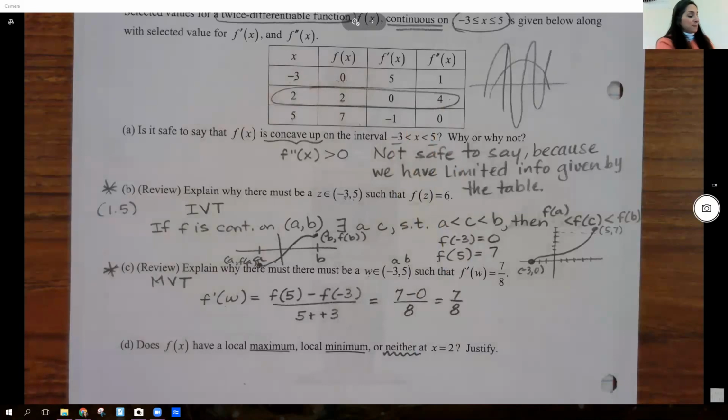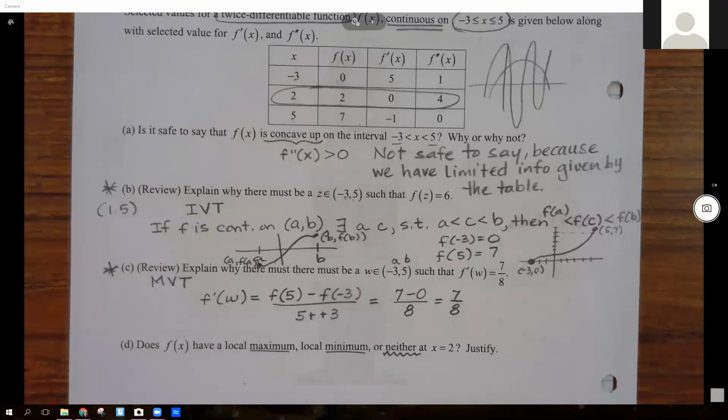What do you think? Somebody be brave. I think it's impossible to determine. Why? Because on this entire function, they only give us 3 points, and there could be so many more that are higher or lower. Yeah, true. Anything else anybody wants to add to that? I agree.